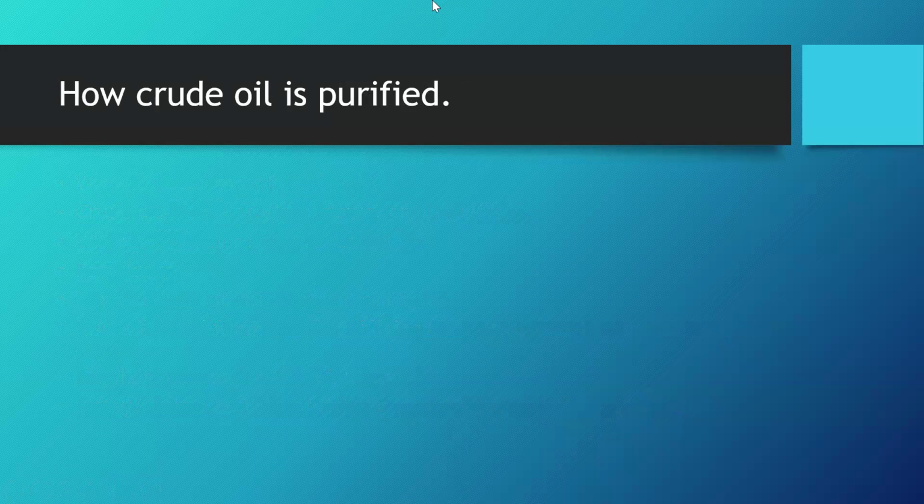Anyone who has an idea and can tell us what they think? Yes, Joy? Firstly, you remove the sulfur, then heat the oil. After heating, then vaporize it.